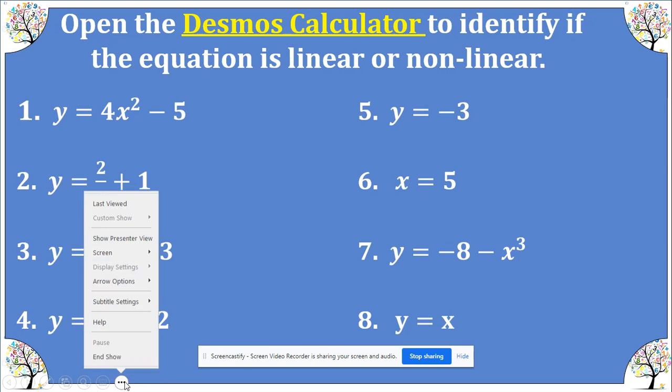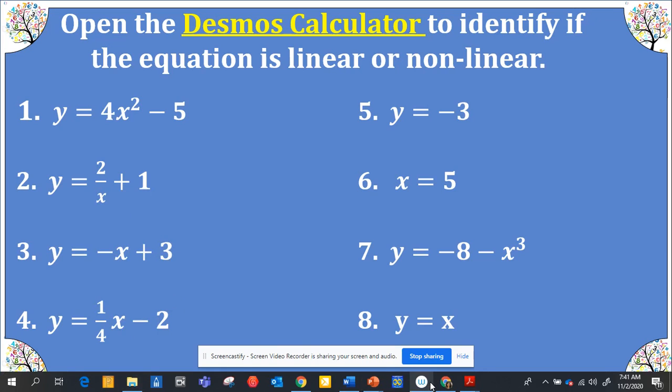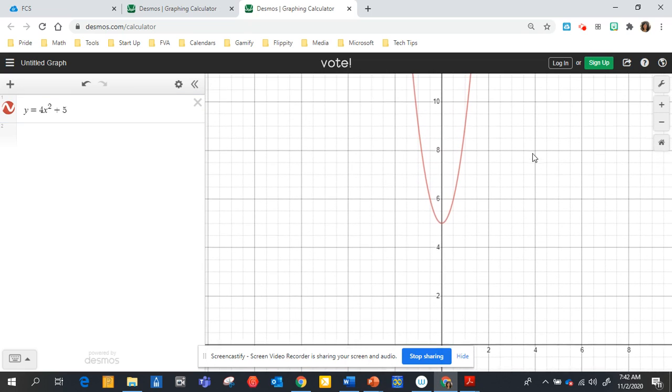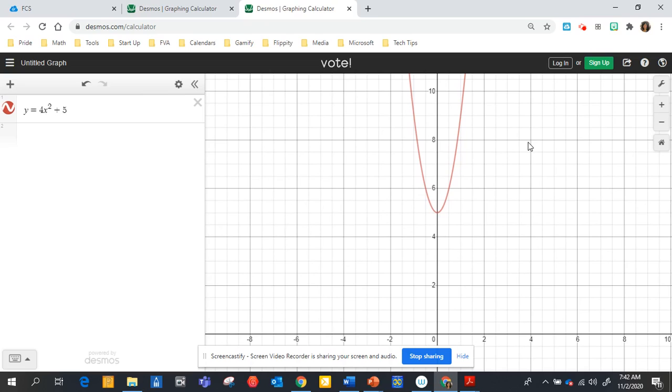Now, according to what we just studied, this should be nonlinear. 4x, I'm going to use the caret key, which is above the 6, square, and then arrow out. And you can see, and you can scroll this down, that this is not a line. This is nonlinear.